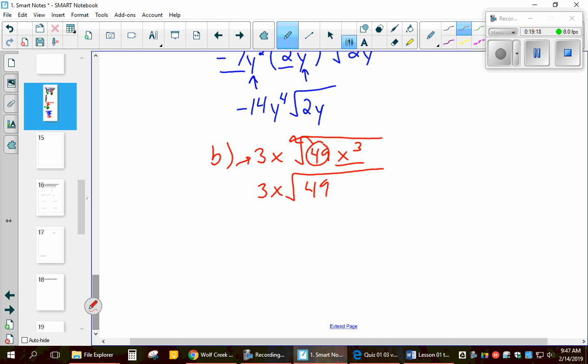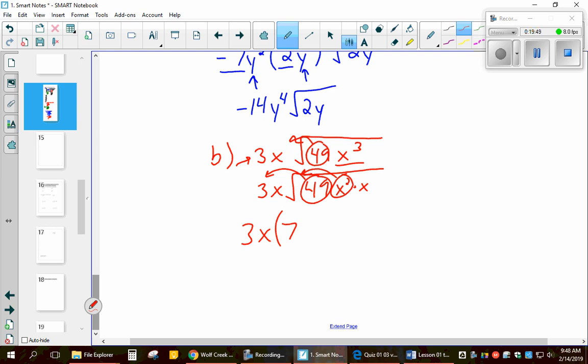x to the 3, I'm going to split that up as x squared times x. Okay, so the 49 gets to come out, and the x squared gets to come out. If you get confident with it, you could actually multiply them in your head at this step. But if not, write it all down again. So we go 3x times that 7 that I brought out, right, because the square root of 49 is 7.